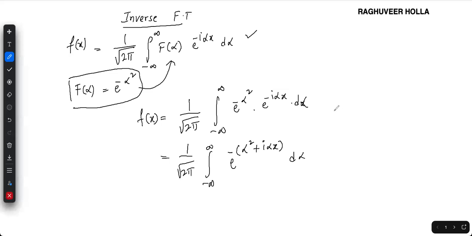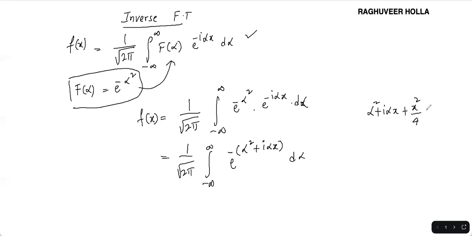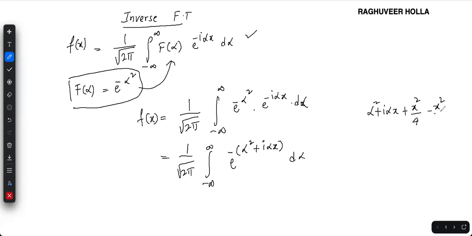So this is alpha square plus i alpha x. Now what I do is I add x square by 4 and subtract x square by 4.